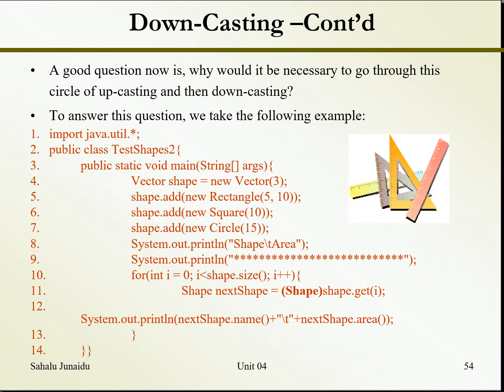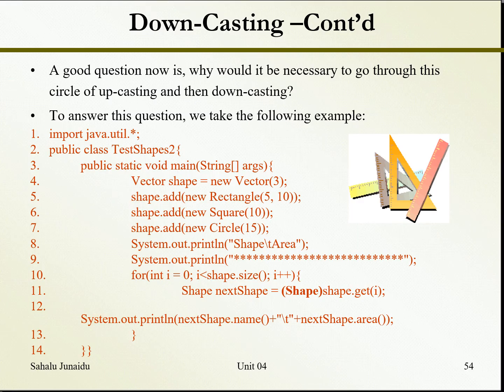So now we come here and we assign another instance, rectangle, square, and circle, into the vector. And remember, a rectangle we already know is a shape, circle is a shape, square is a shape. Now they are of type vector again.